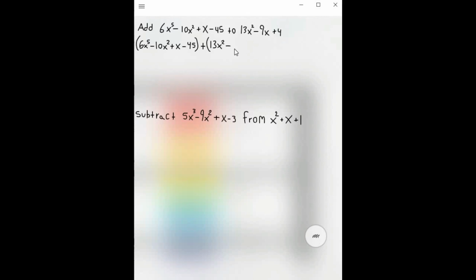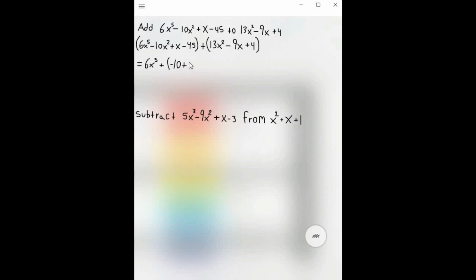So we're going to start off by putting brackets around each expression. And we're going to just put the like terms together. So 6x to the power of 5 doesn't have a like term, so we'll just leave it by itself. Then we're going to add it to minus 10 plus 13, because minus 10 and 13 have the variable x squared.